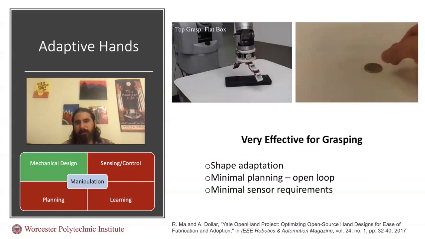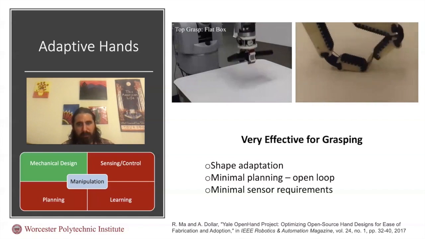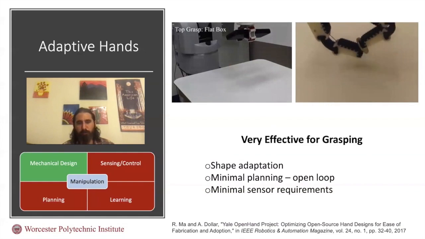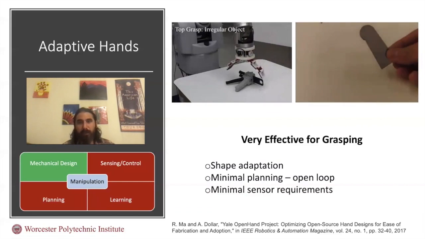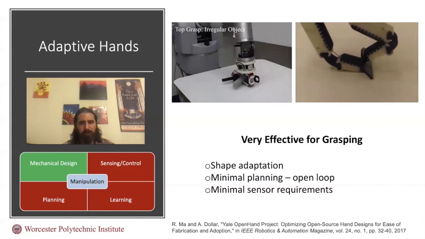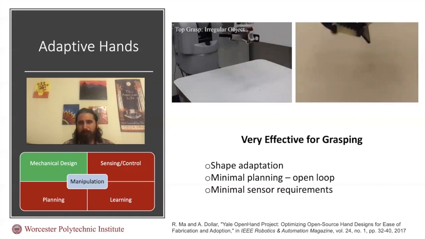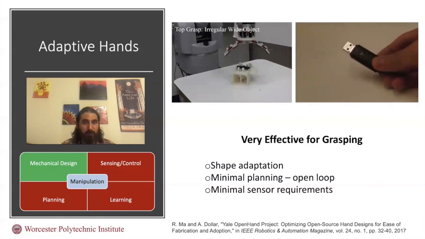These kinds of usage of adaptive hands require minimum planning, and they can operate open loop, and they do not require sophisticated or accurate sensing. They are very much robust to sensing errors, and most of them do not even have haptic feedback or even joint encoders, but they are very, very effective for achieving successful grasping.